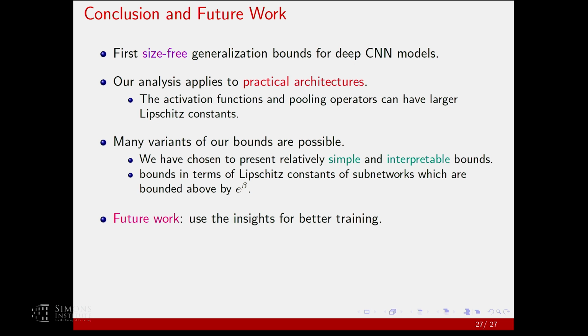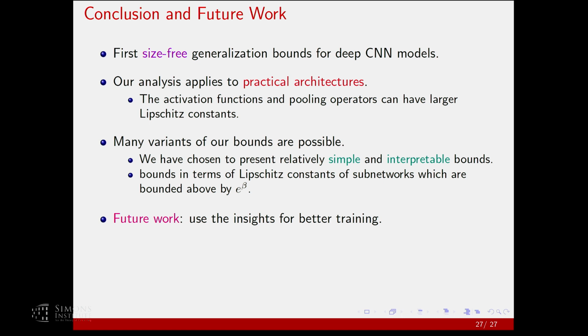Also, many variants of our bounds are possible. Among the variants that we could show, we chose the ones that were relatively simple and interpretable. But if you want to dig into the details and come up with more detailed analysis, it is completely doable given our analysis.